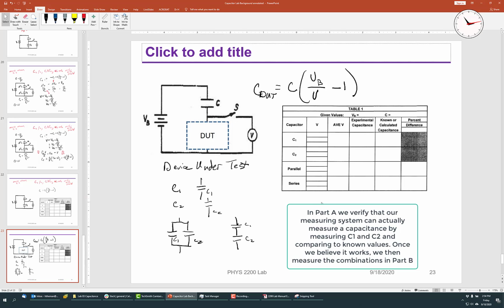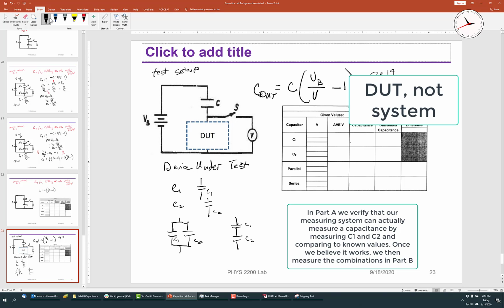The thing to remember is that your test system here, the test setup, is always about 2 capacitances in series. So every time you calculate a capacitance here with this equation 19, you're just measuring the total capacitance of the system. You can say I don't know what it's made of, but all you're doing is measuring the total.